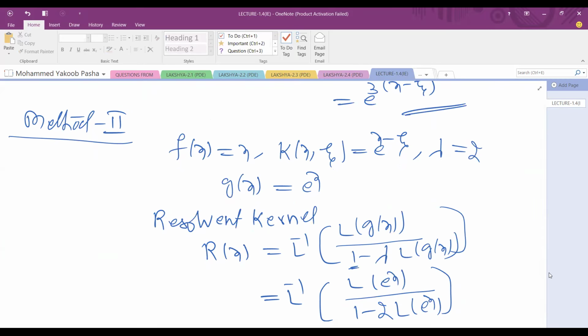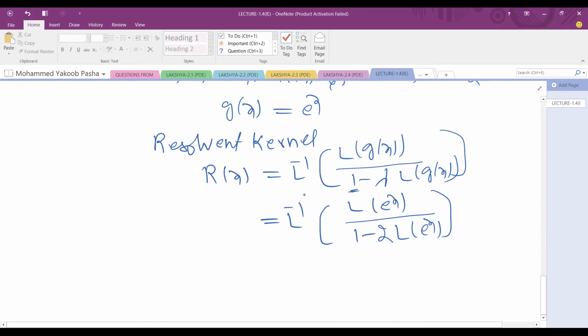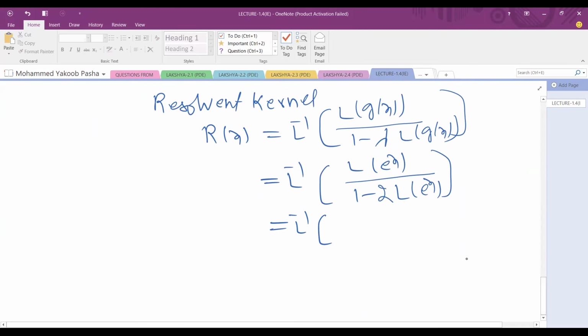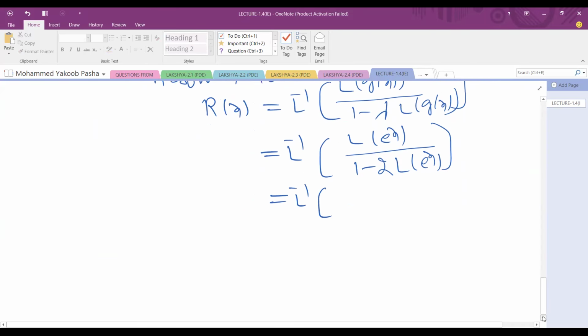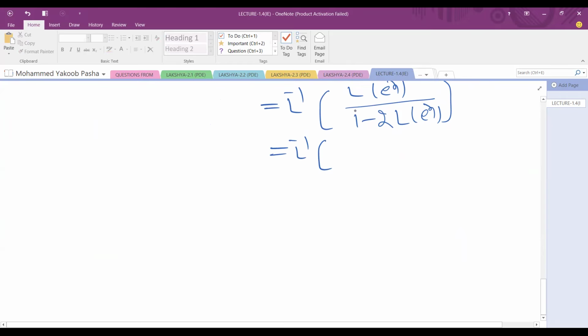Here we need to know the formula of L of e power x, that is Laplacian of e power x. I will share the list of formulas with you, and I will show it once again now. Laplacian of e power x is 1 by s minus 1, so we have L inverse of (1 by s minus 1) divided by (1 minus 2 into 1 by s minus 1).